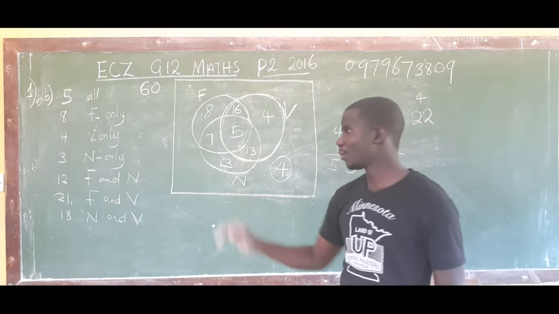So it will be there. Then we have 6 comma 0.85.